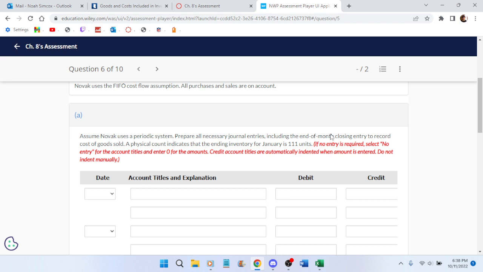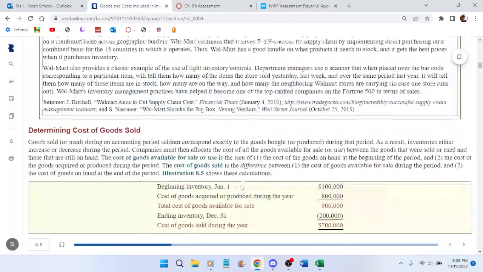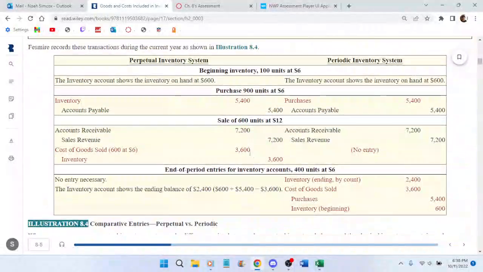All right. Ending inventory is actually a 111. Time to go back and look at the periodic thingy.